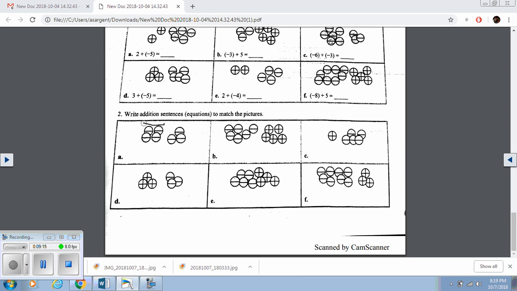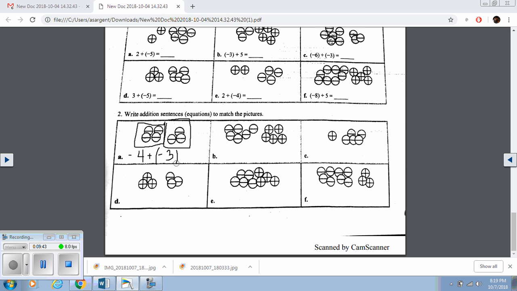So what you should recognize is that this would be one number in our problem, and this would be another number. So right here, I have 4 negatives, so my first number is going to be negative 4. And then here, I have 3 negatives, so I'm going to do plus negative 3.